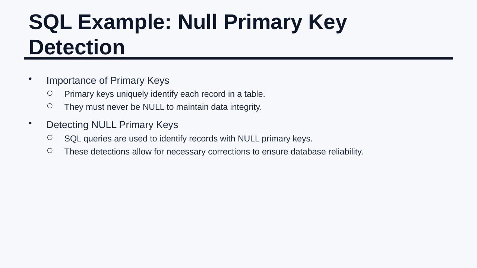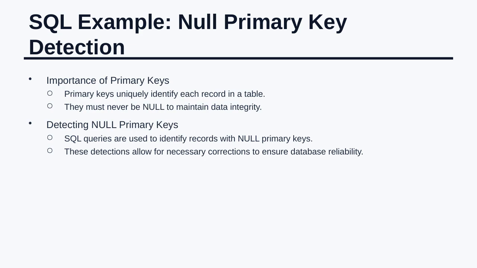Primary keys play a crucial role in any database because they uniquely identify each record, ensuring that every entry can be distinguished from others. It's essential that these keys never contain null values, as that would break the uniqueness and compromise the integrity of the data. To maintain reliable and accurate databases, we use SQL queries to detect any records where the primary key is missing or null.